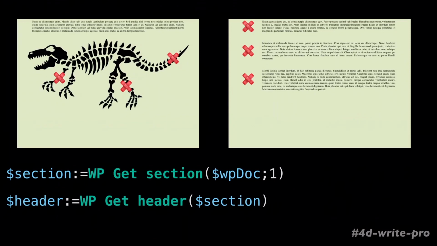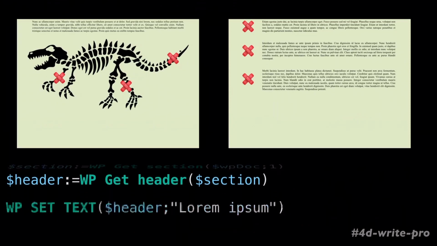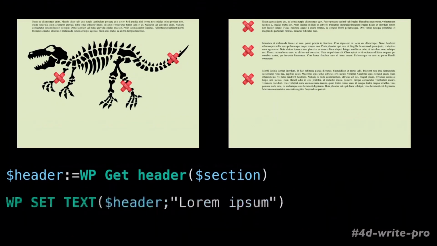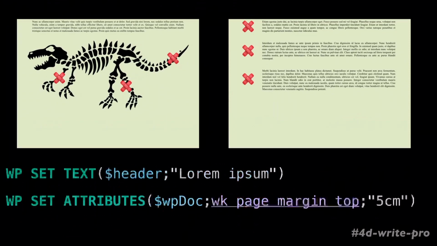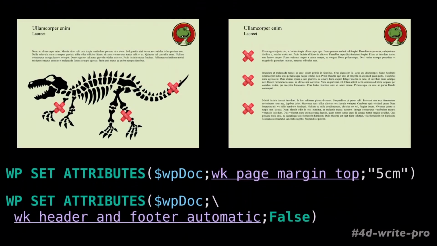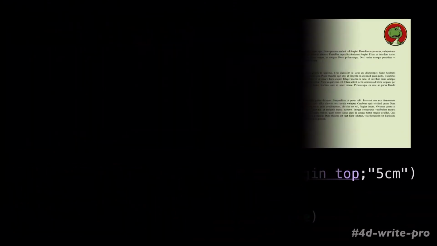Now, by default, the header height is relative, but if you like, you can define an absolute height instead by disabling automatic height.